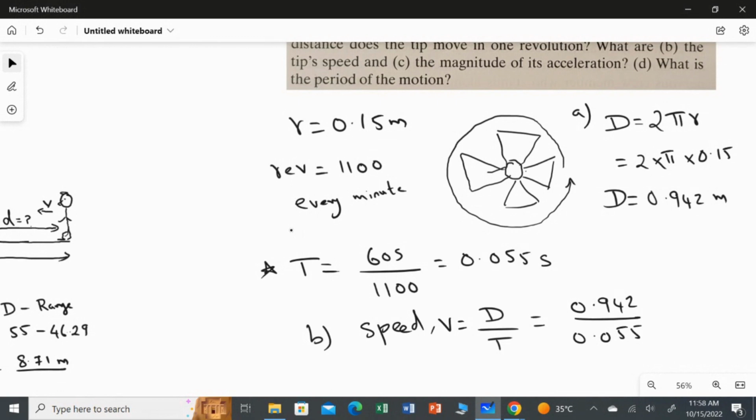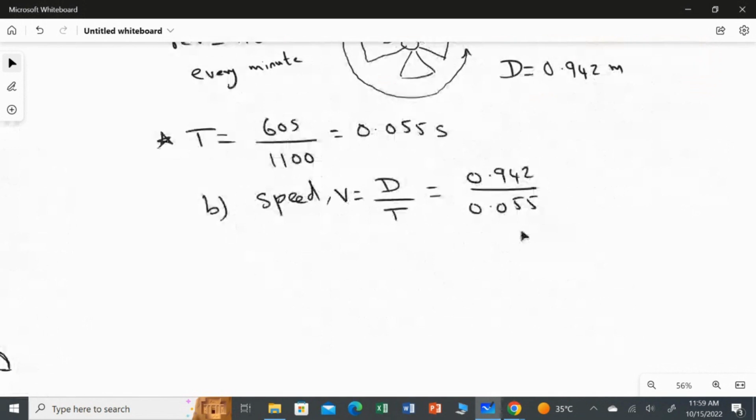So what's the answer? 0.942 divided by 0.055, which is 17.12. What's the answer? 17.13. I got speed equal to 17.13, and the unit is meter per second.